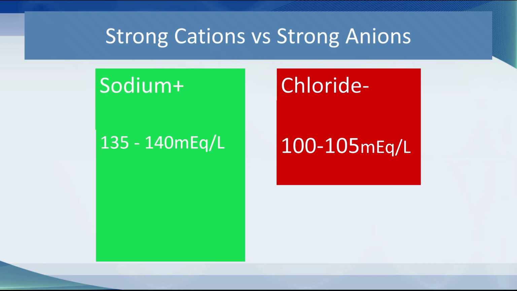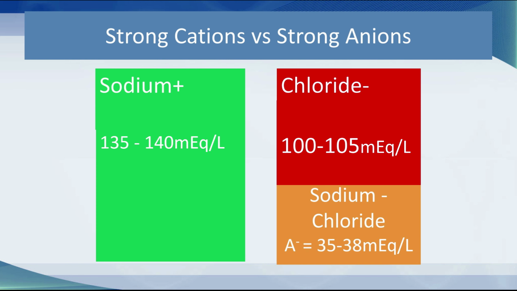The relative ratio is always, under normal circumstances, between 1.35 and 1.38 to 1. Also, remember that these are the major components of extracellular osmolality.